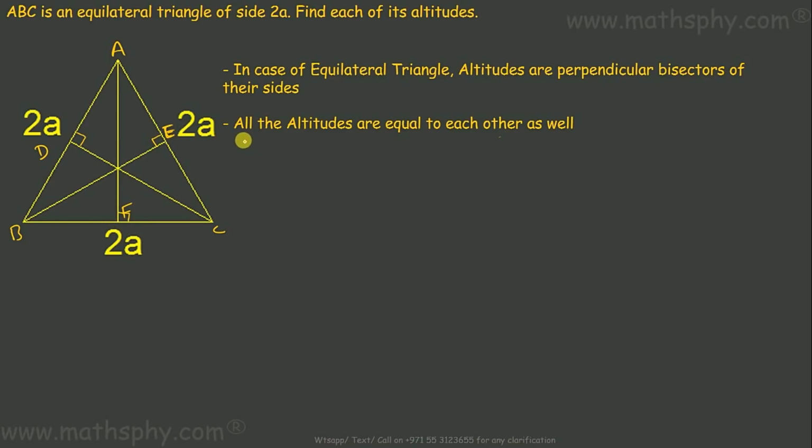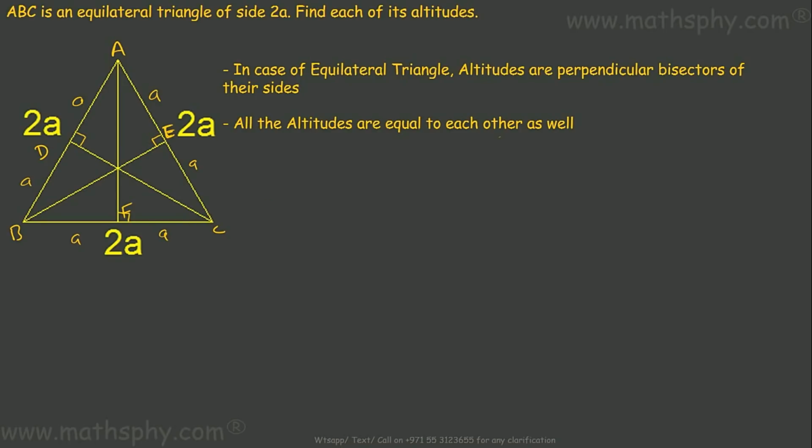Then it says all the altitudes are equal to each other as well, means AF will be equal to CD will be equal to BE. It means if I find out length of any of these altitudes, it will give me length of all three altitudes. It says perpendicular bisector, means this will be A, this will be A, this is A, A, A, A.